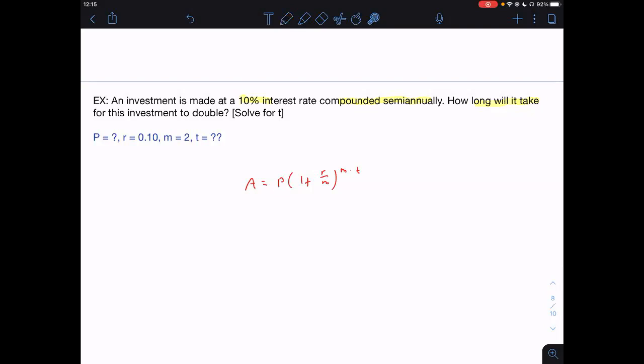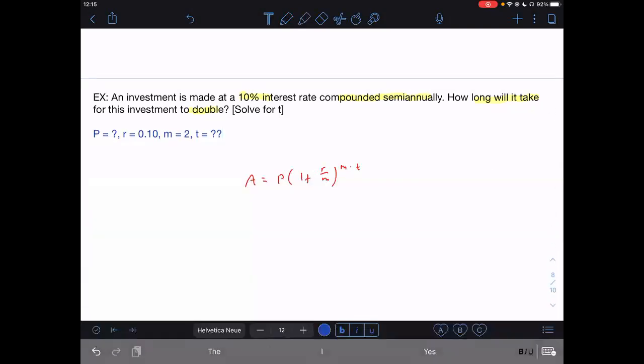We want that investment to double. We want to figure out how long it would take P to double. Let me make that note here. So how long until P doubles? In other words, how long until the initial investment becomes twice the initial value represented by P.